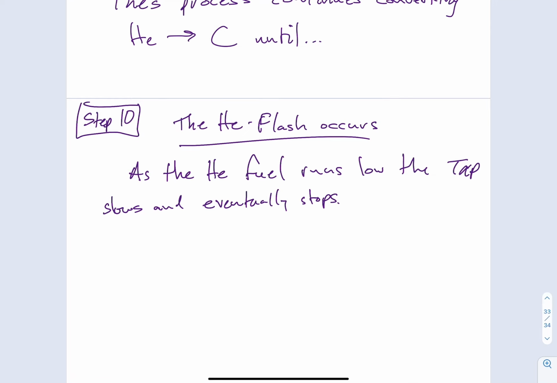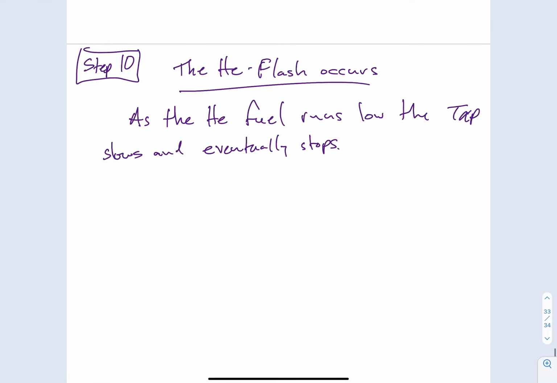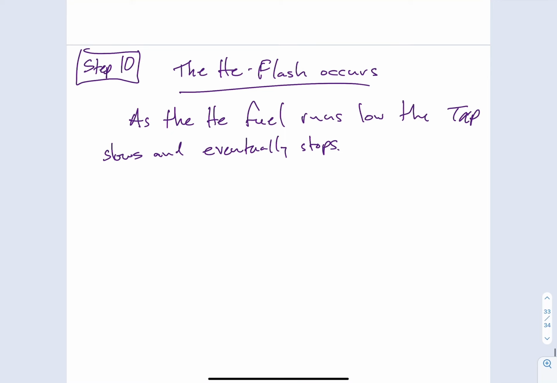The remaining entity, so this is what is left. When the helium flash occurs, most of the rest of the outer layers of the star are shed away, blown into space, and the remaining entity is called a white dwarf.